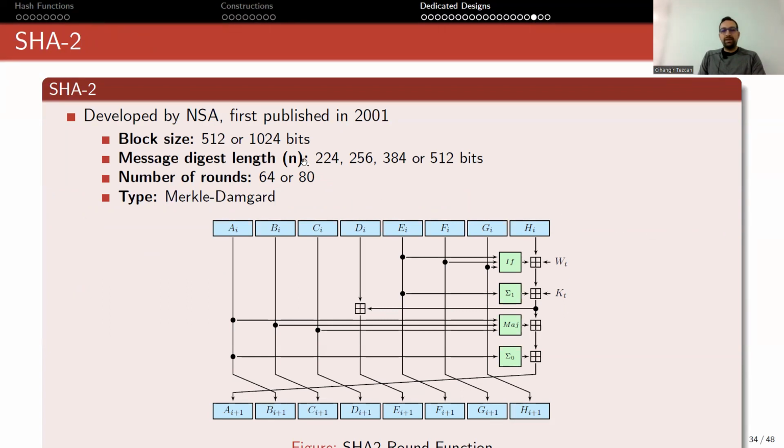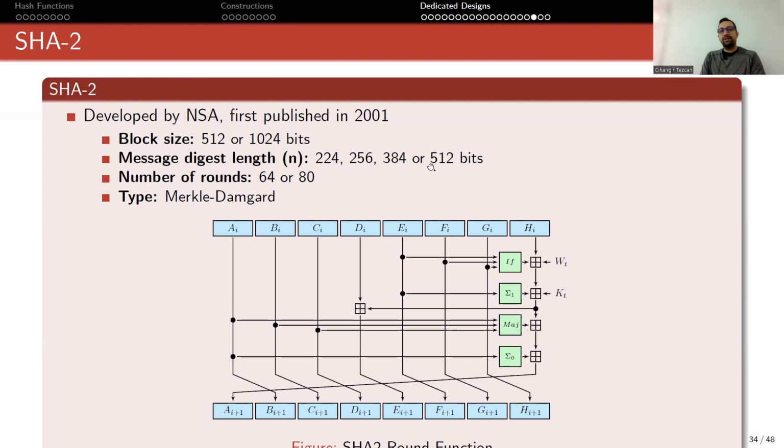This time, as you can see, we have 4 possibilities for the message digest length. So when we say SHA-256, we are actually talking about SHA-2 with 256-bit output. But now that SHA-3 also has this output, we have to say which algorithm we are talking about.